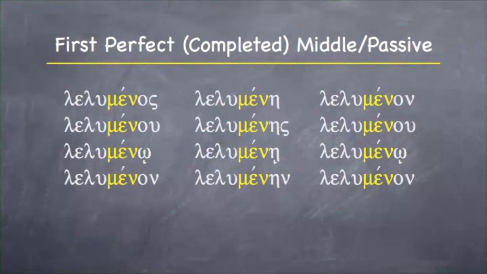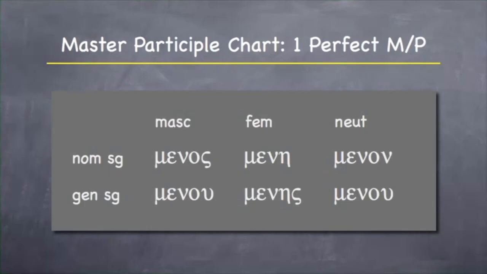It shouldn't give you any problems at all. Well, if it is giving you problems, then you are in trouble. But I'm sure by now you guys are doing fine. And the six forms you have to learn are menos, and after that they're perfectly regular. Mene, menon, menou, menes, menou. Okay, well that's it for the perfect participle, and that's it for participles as a whole, okay?